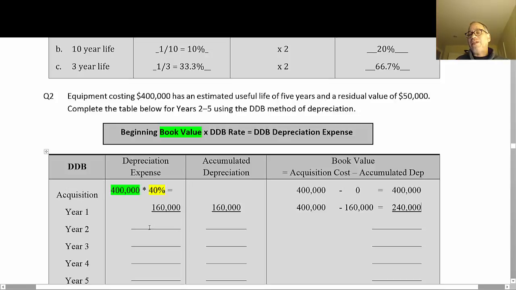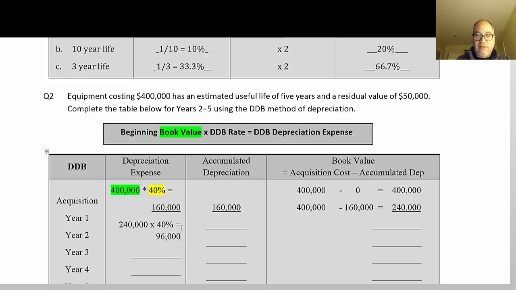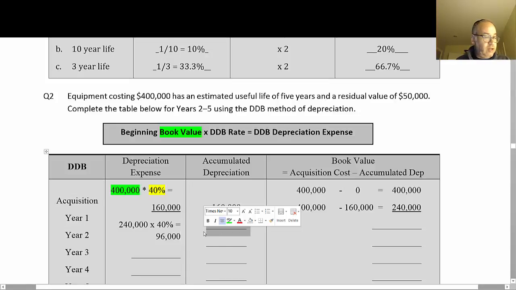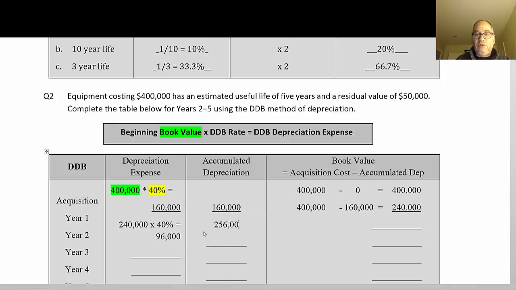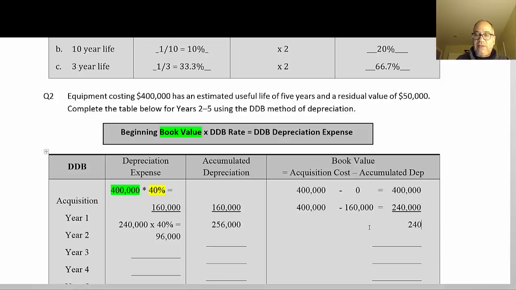Book value is changing as we depreciate the asset, and the new book value is 240,000. So 240,000 times 40% is $96,000 for year 2.